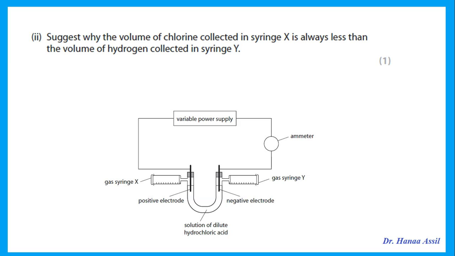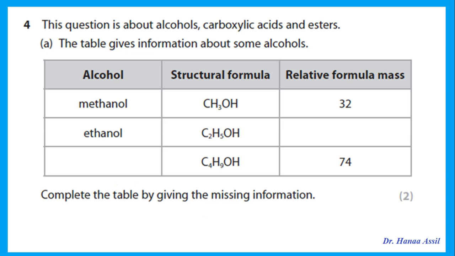We're talking about chlorine gas, and you should know that chlorine gas is soluble in water, so some of the gas formed at the positive electrode would dissolve in the solution. So if we're collecting chlorine gas, remember, chlorine dissolves in water, so some of it would be lost.